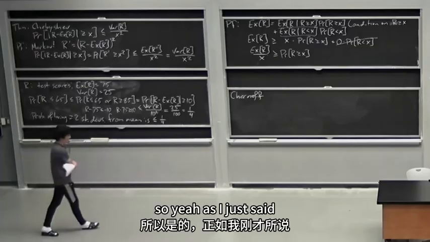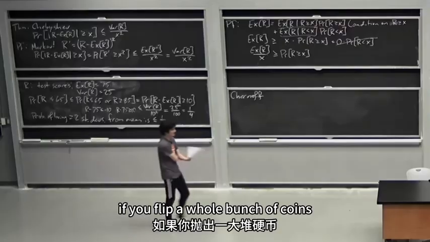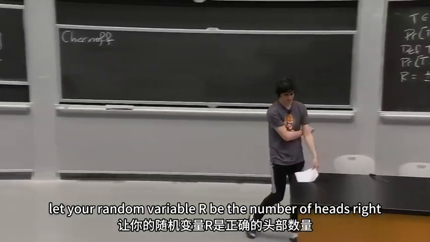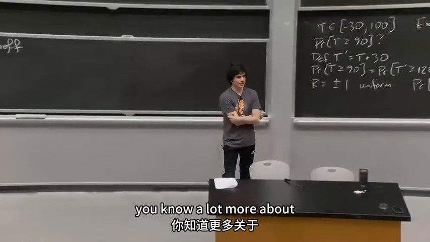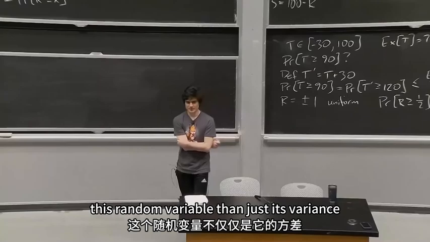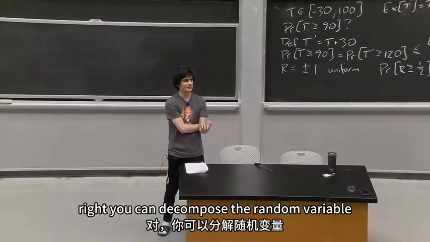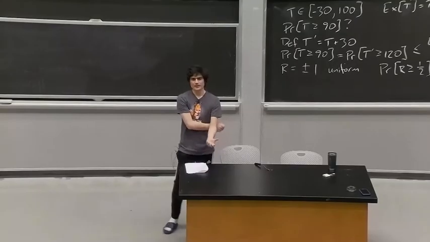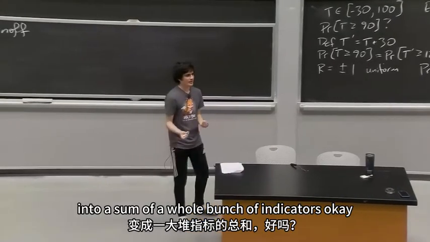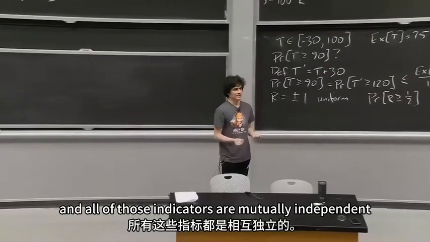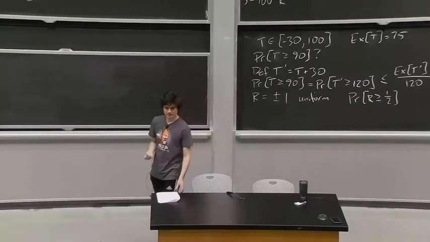So as I just said, if you flip a whole bunch of coins, let your random variable R be the number of heads. You know a lot more about this random variable than just its variance. You can decompose your random variable into a sum of a whole bunch of indicators, and all of those indicators are mutually independent.